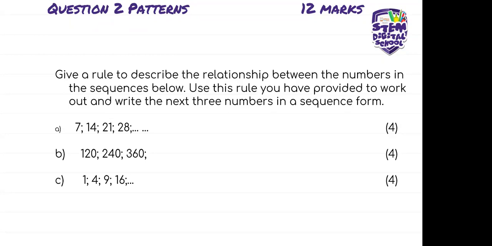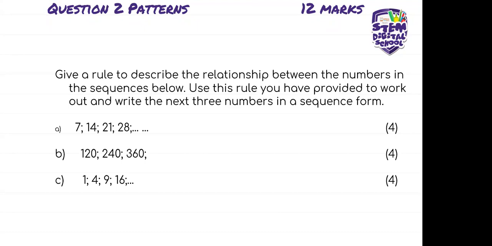And then 7 times 6 is 42. 7 times 7 is 49. So Cheryl, I'm sure you will also agree with me that if you don't want to add 7, you might as well use just the multiples of 7 to get to the next term. So it's 7 times 1, 7 times 2, 7 times 3, and so on, just to find the next 3 terms. I hope that it makes sense.